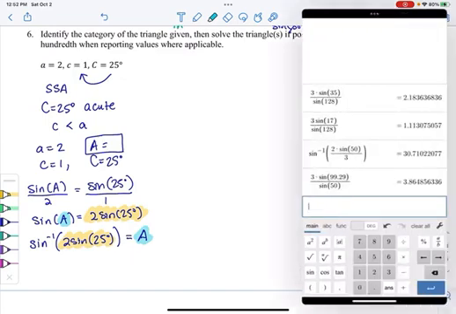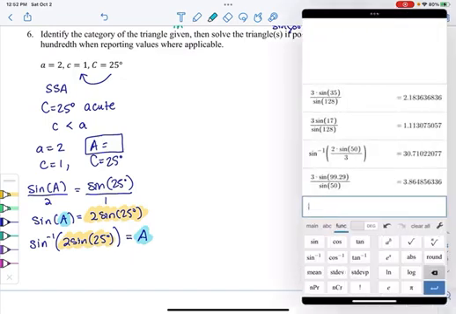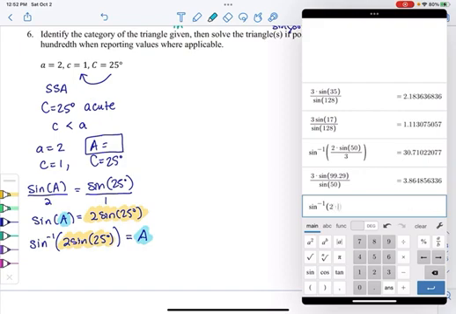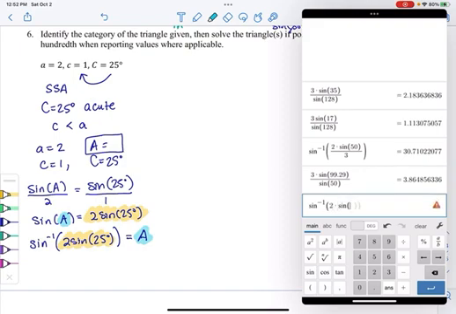I can go ahead and put that in Desmos. I'm going to go over to my function menu, put in sine inverse. Inside there, I'm going to want 2 times sine, and then inside there, 25 degrees. I'm going to close those parentheses, and I should be good to go.